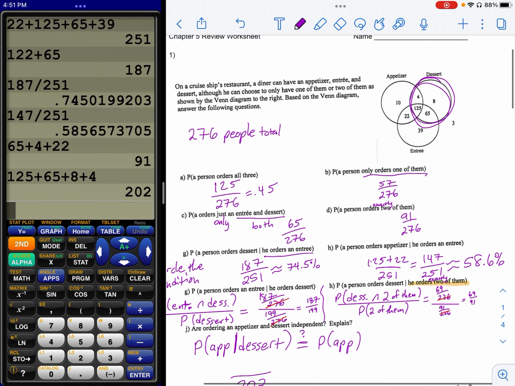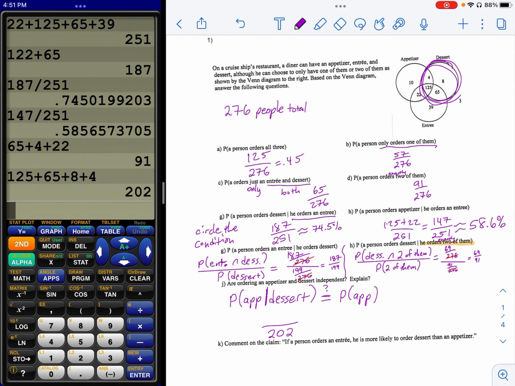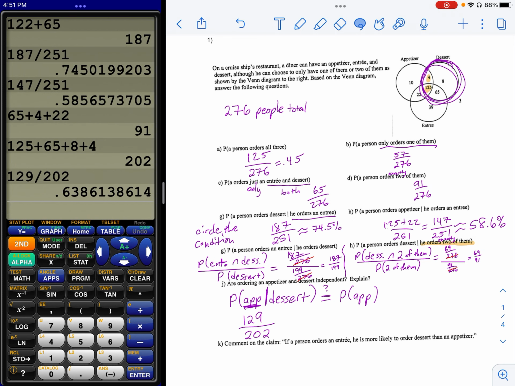Of the people in this circle, how many of them ordered an appetizer? That would be these four and these 125. So 129. It's going to help me to find a decimal approximation: 129 divided by 202. So about 68%.